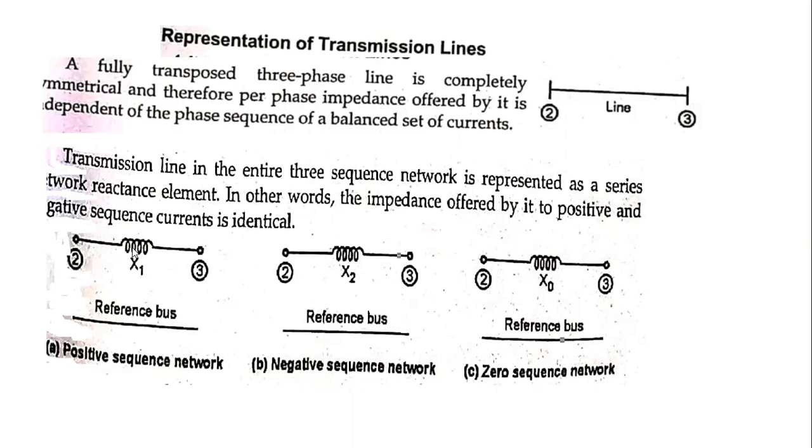This is the positive sequence network for the transmission line in the case of symmetrical components, this is the negative sequence network, and this is the zero sequence network of a transmission line in the symmetrical component representation. This is the equivalent circuit for the positive, zero, and negative sequence for the transmission lines.